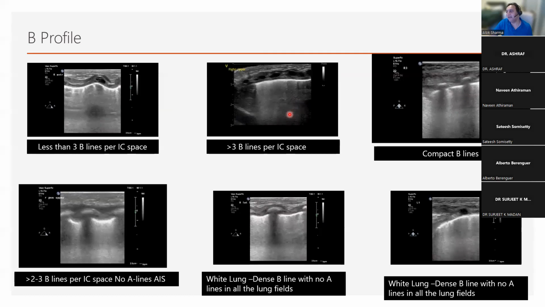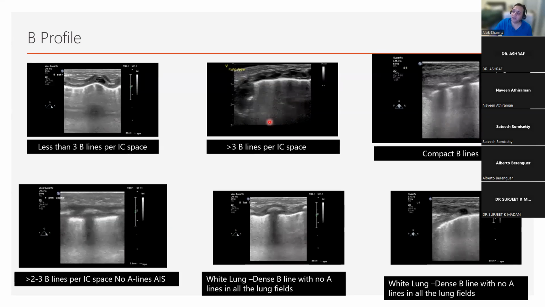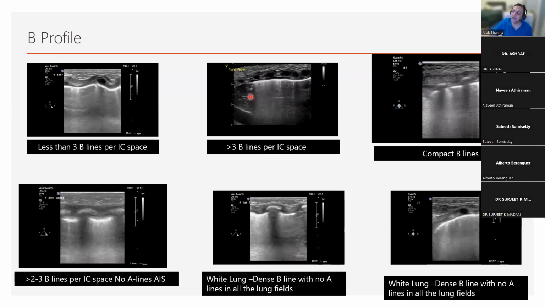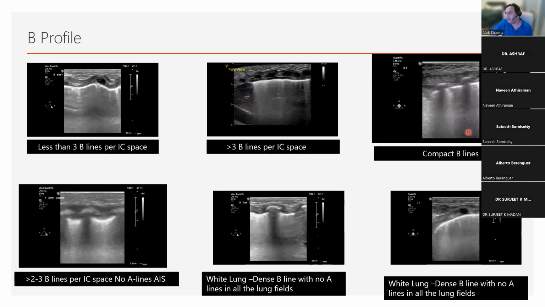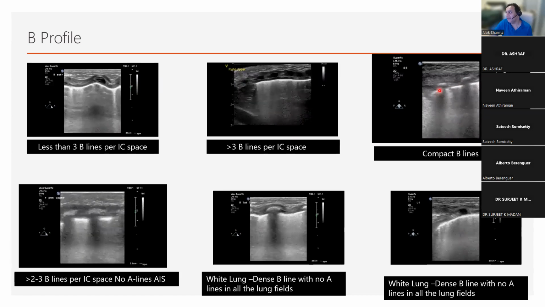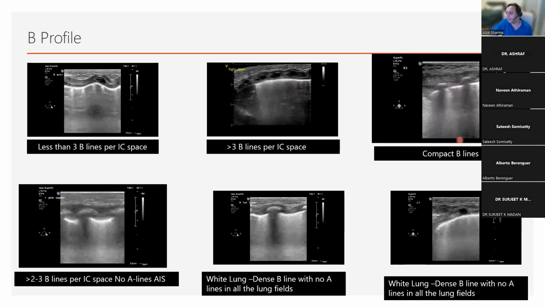In the middle over here, you have a dominant B profile where you have more than 3 B lines per intercostal space to the point where they've actually coalesced. And this for me has now transitioned from what I would call an A profile to a B profile. Further interstitial edema with alveolar edema, and they're now large quadrilaterals, as we describe them, these quads, these appearances of compact B lines.